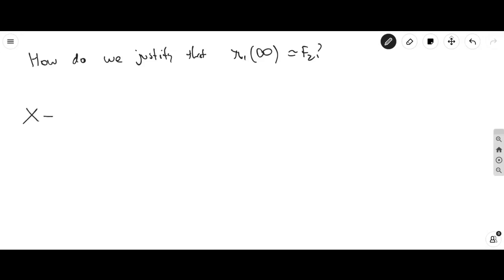So let's say X is the figure 8, and Y is the universal cover of X. So the universal cover, it is a covering space that is simply connected. And the way you get the covering space, we did talk about this before, it's a very nice picture.